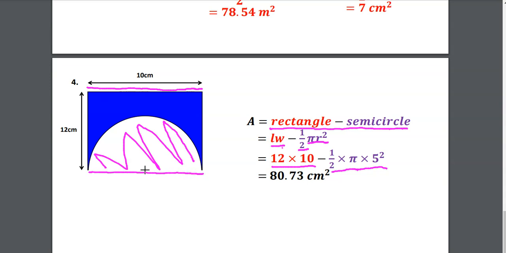And then we know that half of this 10 here must give us the radius, and half of 10 is 5. So that's where I get this 5 from here. And if we figure out that calculation, you can put this into your calculator just like that, and it will do the BIDMAS for you, and you will get 80.73 centimetres squared. Don't forget it's centimetres squared.